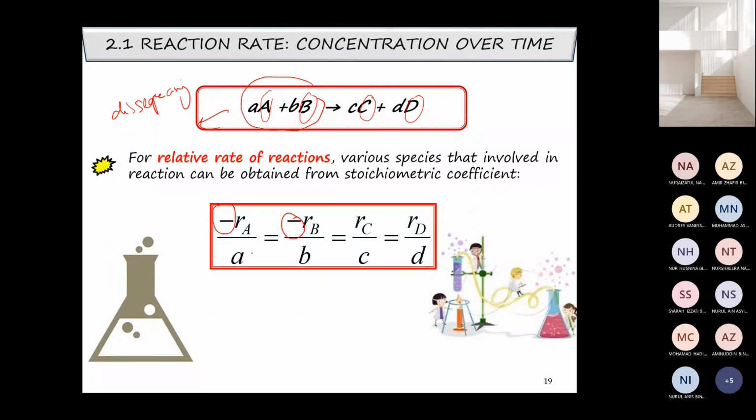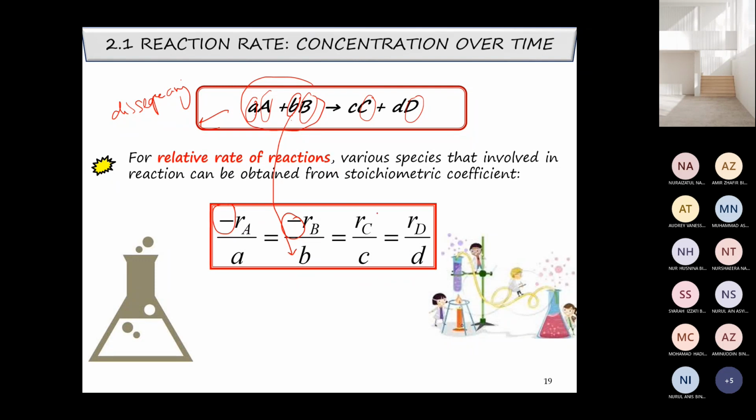So RA divided by the stoichiometric coefficient of A is equal to negative RB over the coefficient of B. And then we have RC, which is the formation or appearance, so it should be positive. So RC over the coefficient of C and RD over the coefficient of D.